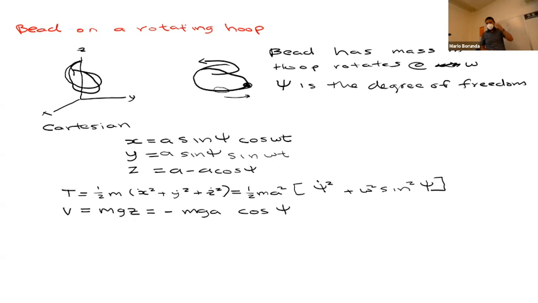All right, so now here's where this gets interesting. We find the Lagrangian, we take this one and subtract this one, right? And if we look at it, our Lagrangian is actually going to be really nice. I could even separate it into something like this: m a squared times 1/2 psi dot squared, and then minus an effective potential.